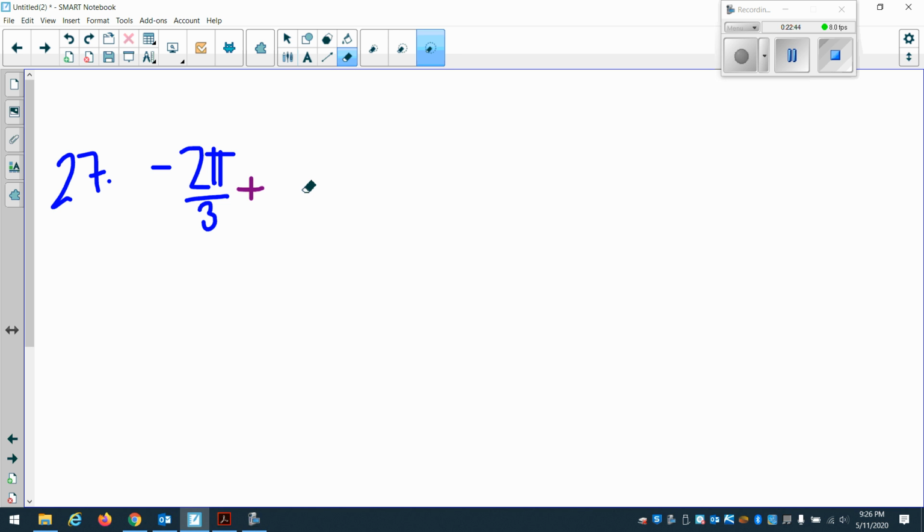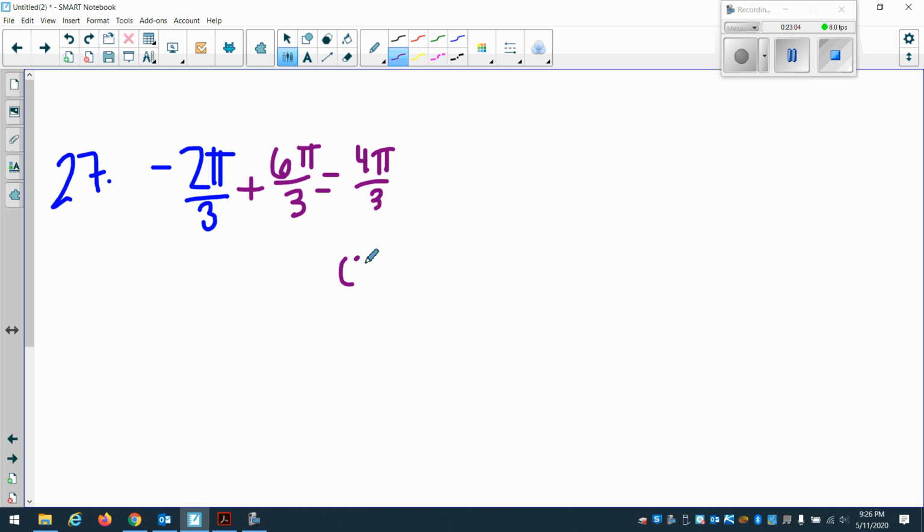So instead of just 2 pi, I'm going to have 6 pi over 3, which gives me 4 pi over 3, which is equal to, if we wanted to know in degrees, 240 degrees.